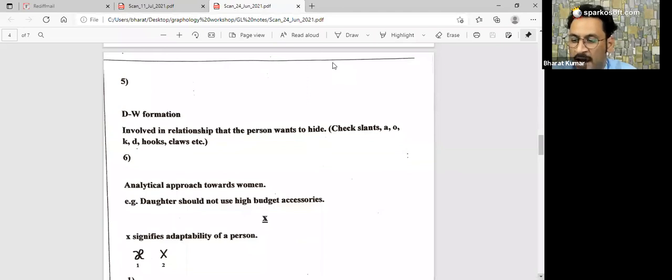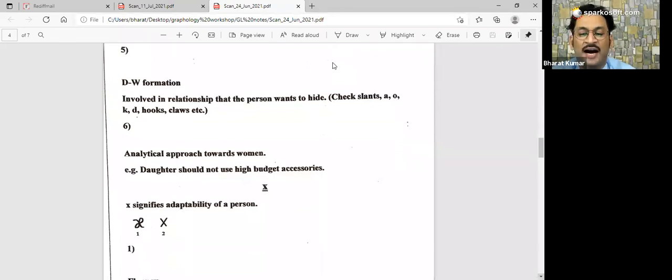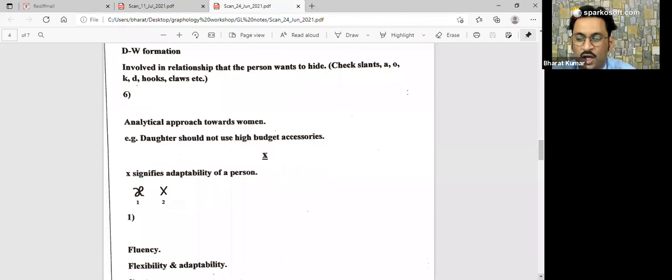Now talking about X. X signifies adaptability of a person. How adaptable you are. How much you can change yourself according to situation, that is important. So how many of you are using type 1 or type 2 X, please?